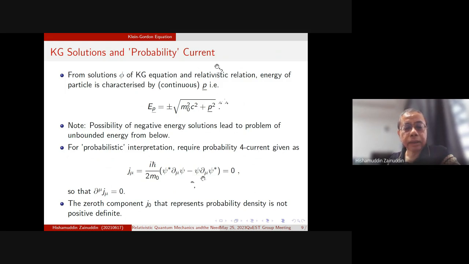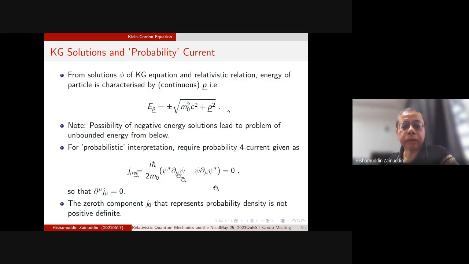It's not so much about the derivatives here, but what does J mu represent? If J mu represents the spatial part as the probability current, then J naught will be your probability density. But plugging in mu equals 0, you have something which is not positive definite.